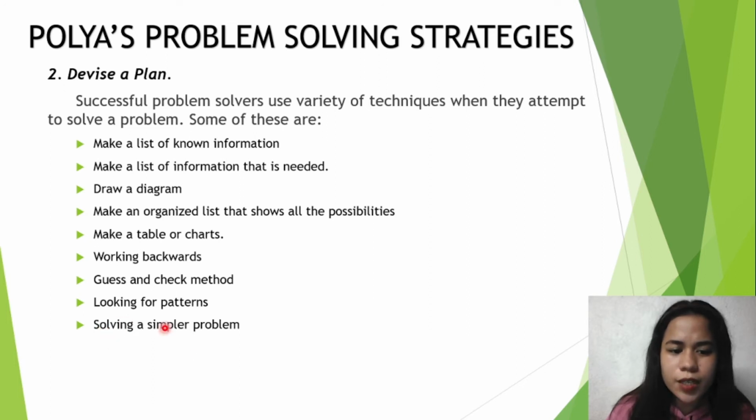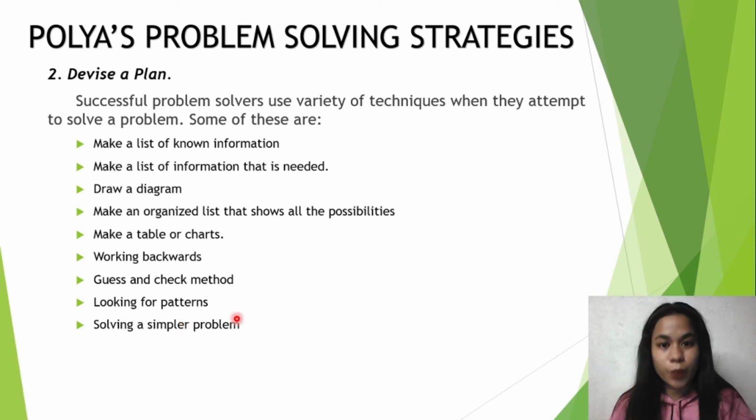So, itong solving a simpler problem, ibig sabihin, may binigay sa yung problem na very complex. And pwede kayong maghanap ng mga problem na related doon hanggang sa makuha nyo kung paano ba isolve yung complex na problem na meron kayo. So, from simpler problem hanggang sa complex problem.